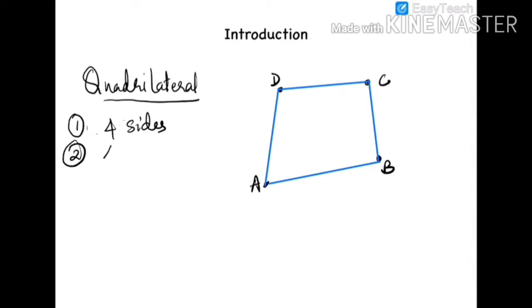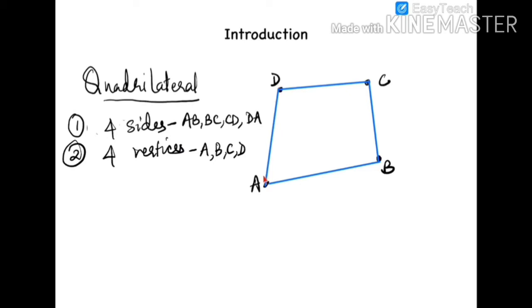So a quadrilateral has 4 vertices that are A, B, C and D. And now we can write the sides AB, BC, CD and DA.